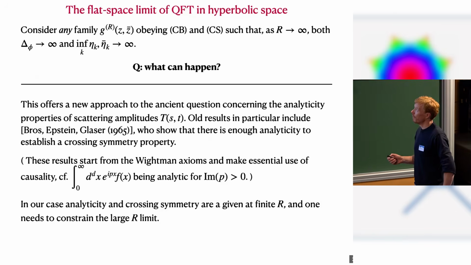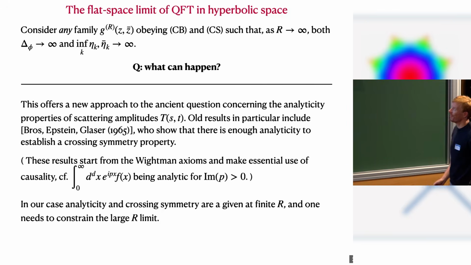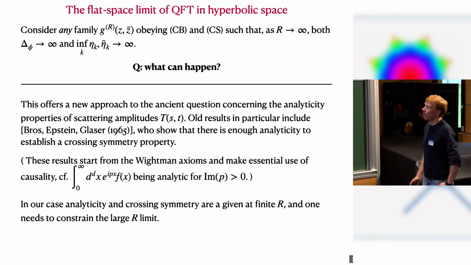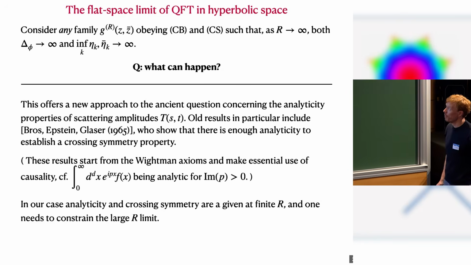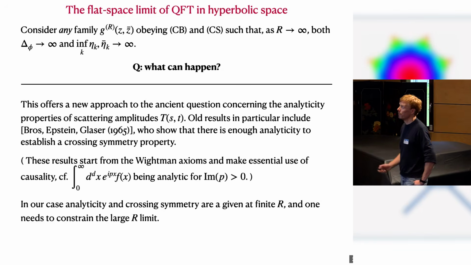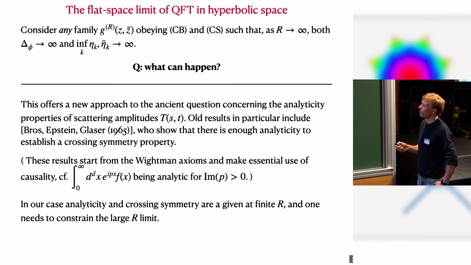One mathematically well-defined question that I find interesting is this. Consider a family of these functions that obey our axioms CB and CS, labeled by some real parameter R. I don't have time to go into it, but it's just quantum field theory in AdS, if you know what that is.